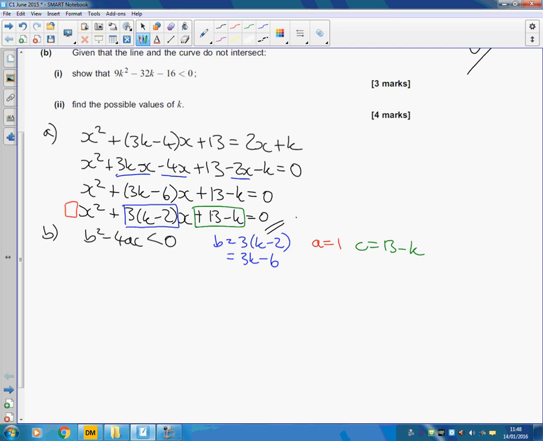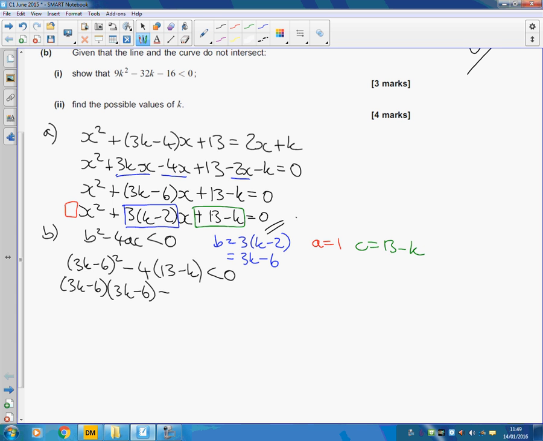Let's put all that together now. So b is 3k minus 6 squared minus 4 times a is 1 times c is 13 minus k, and that must be less than 0. When I multiply that out, remember that this is double brackets.